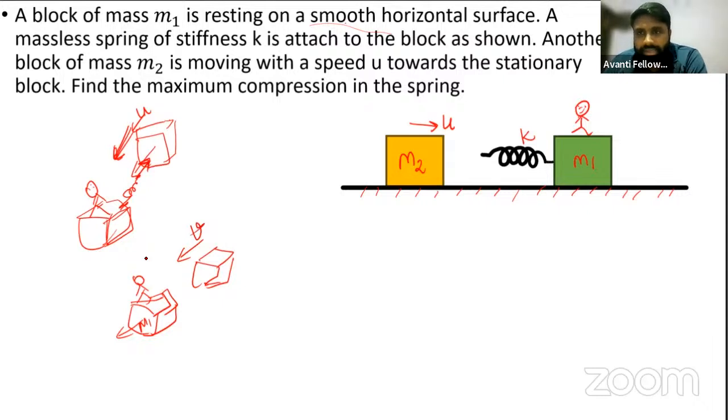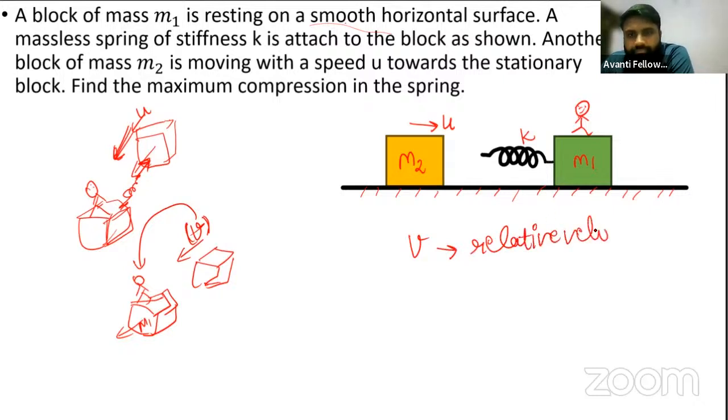Okay. At a particular instant, what will happen? This velocity v is nothing but the velocity observed by this observer. So this velocity v is the relative velocity.